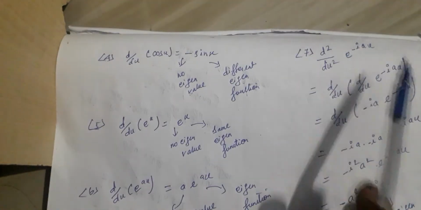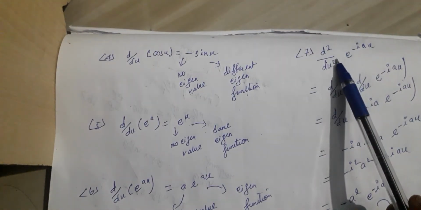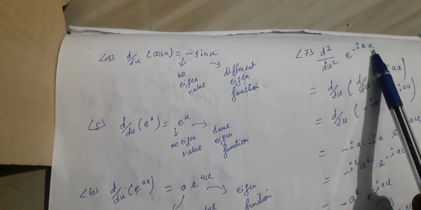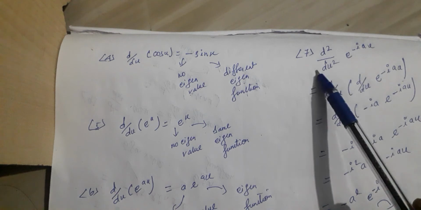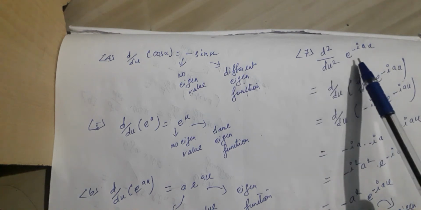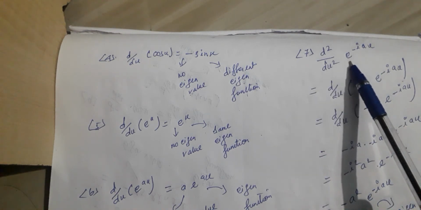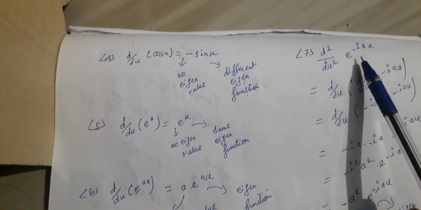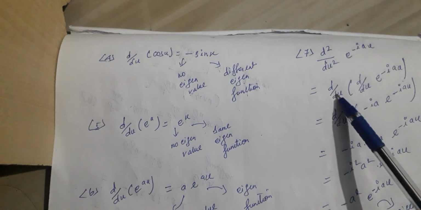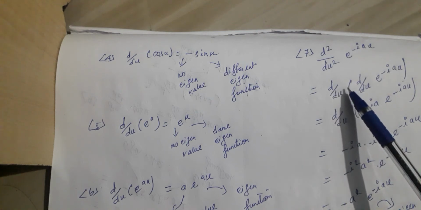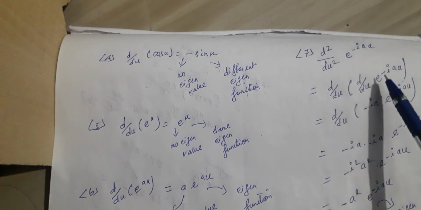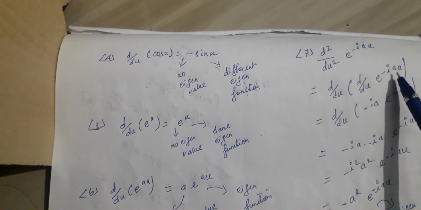So next example, we'll see d square divided by dx square e power minus iax. See friends, here they are saying that e power minus iax, two times we need to differentiate. So we will split into d by dx, d by dx, and then the term e power minus iax. First we will differentiate e power minus iax.